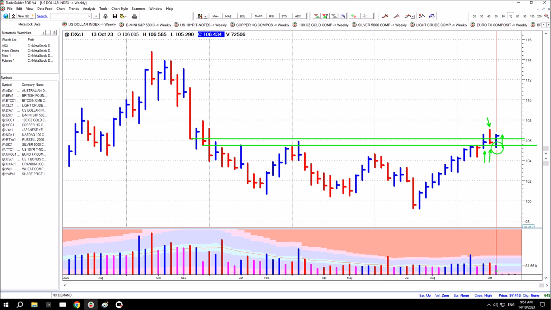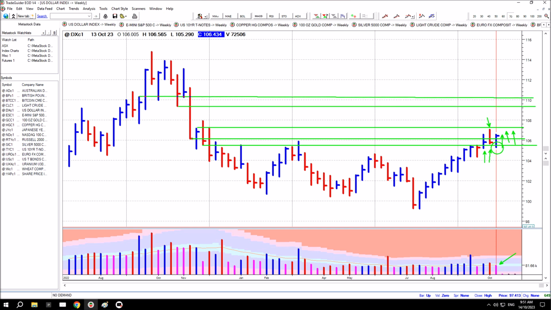And you can see that with the reduced volume over the previous 2 weeks. I expect that there'll be some supply in this market up to this level, and if that's easily overcome over the coming week or weeks, then a push up to this level becomes much easier to achieve.